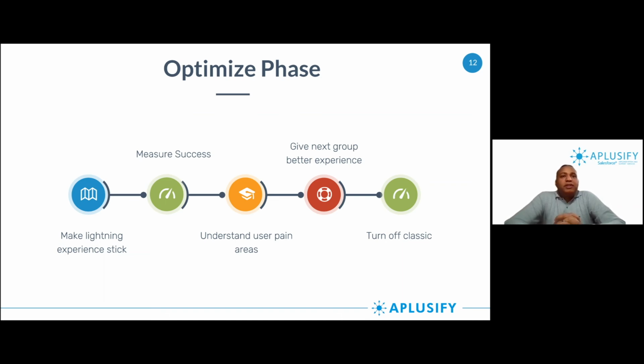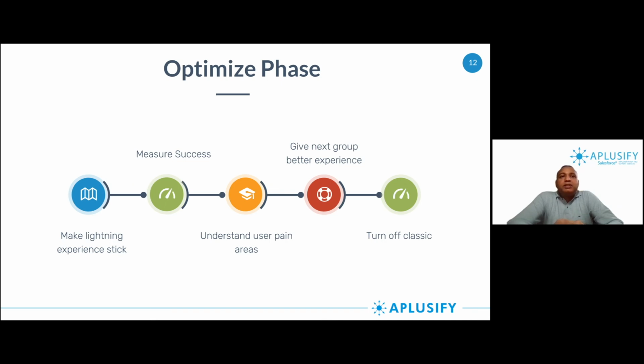You have done the discovery phase. You have made a rollout plan. You have stuck to your plan. But then again, the success of your system ultimately depends on how users start using it, right? So to make their experience better, you have to measure the success of your Lightning migration.